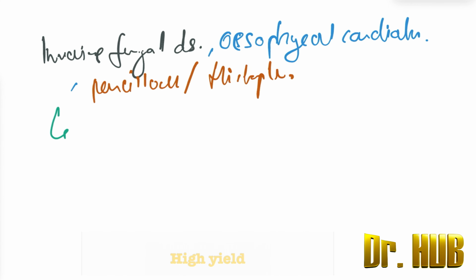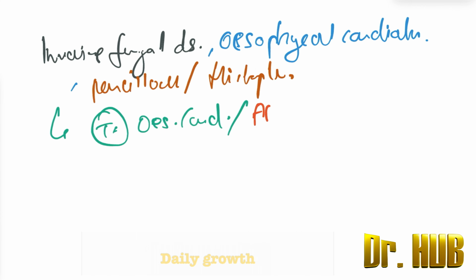So here, how do you treat? First you start the treatment for the esophageal candidiasis. So this is done first, and then you start the ART as soon as the patient can swallow comfortably. So ART is done when the patient can swallow.